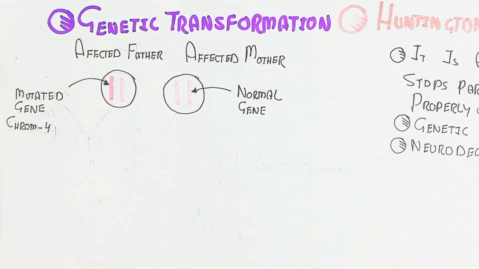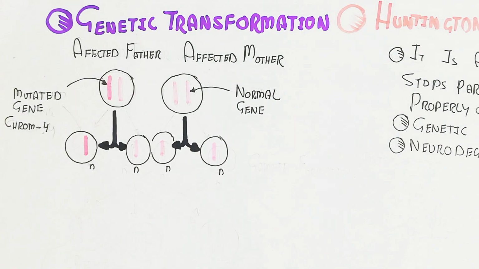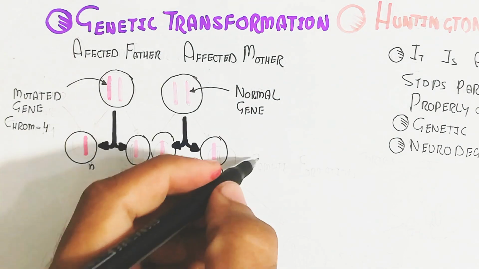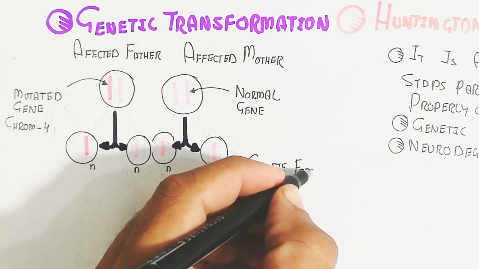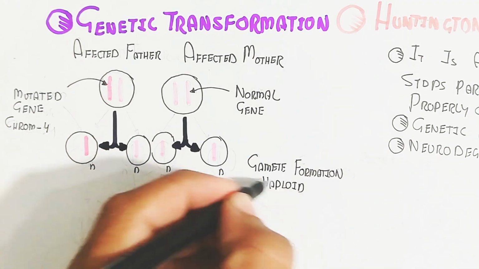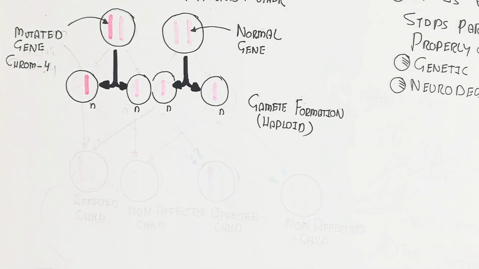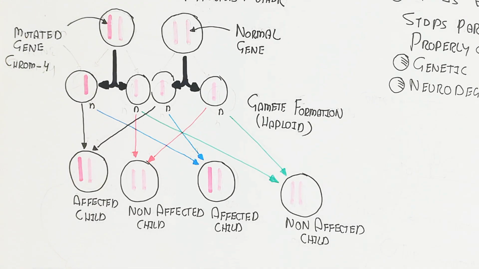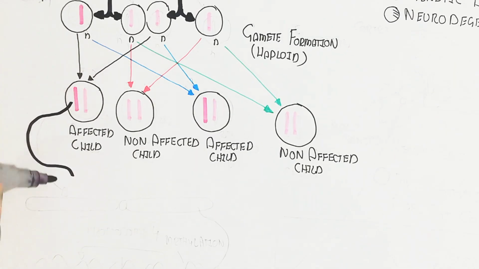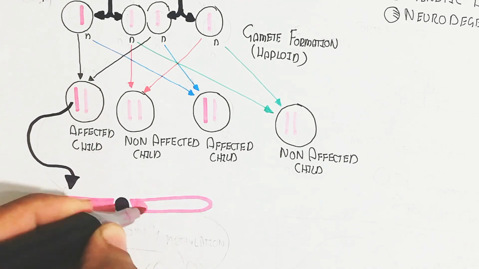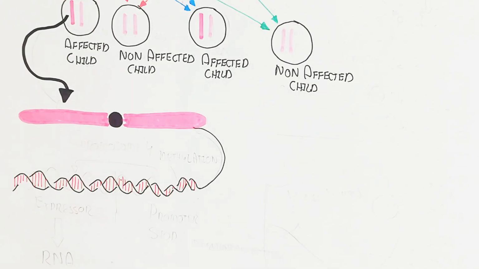The mutated gene on chromosome 4, with the normal gene present in the female, leads to gamete formation, and after this the fertilization occurs. So the chance is 50%: the affected child can be 50% and non-affected also 50%, because the gene is on chromosome 4.